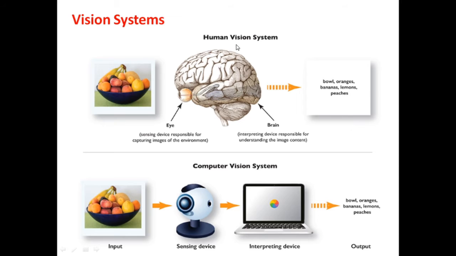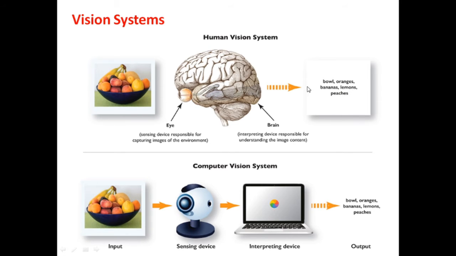In the human vision system, the eye acts as a sensing agent, responsible for capturing the environment or the scene. After capturing the data, it is forwarded to the brain. The brain interprets what is present in the image and produces the interpreted output.